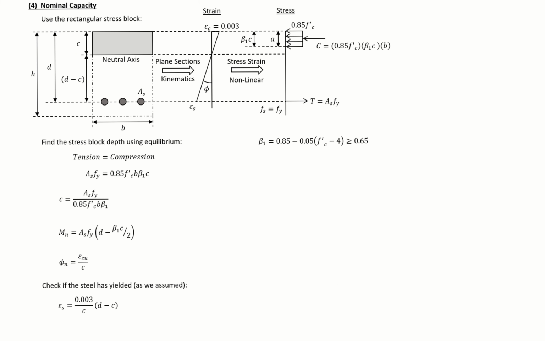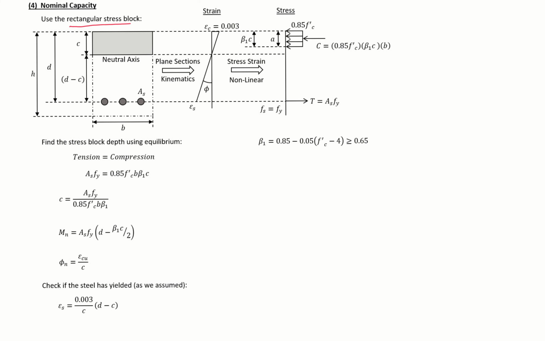The last point that we're going to find is our nominal capacity. And to find our nominal capacity, we're going to use a rectangular stress block approximation. So with our nominal capacity, we no longer have linear section properties, so we can't use our transformed section properties anymore to relate our steel to our concrete.